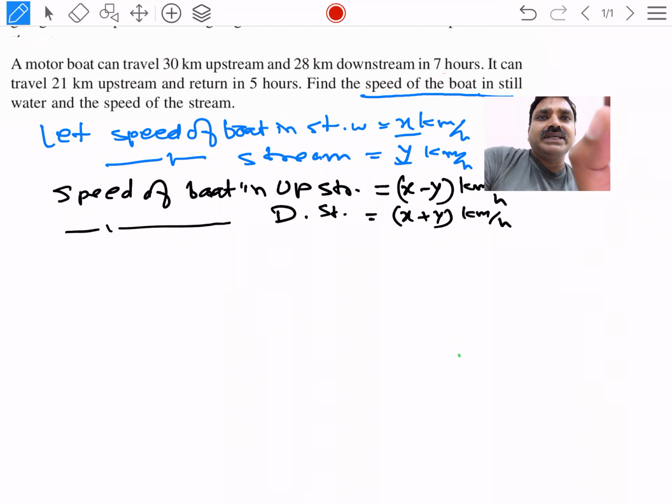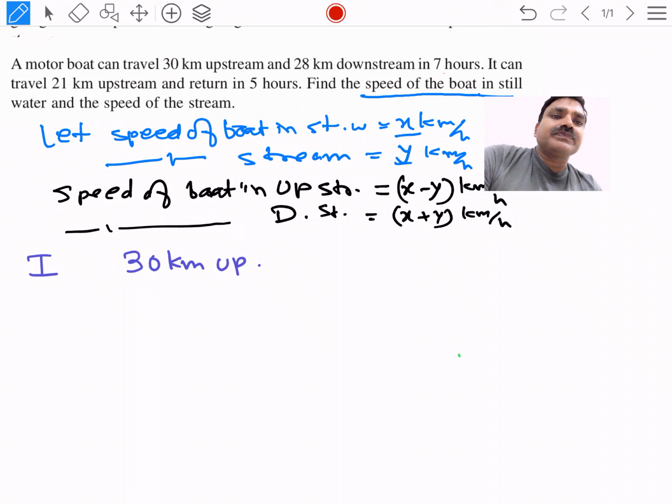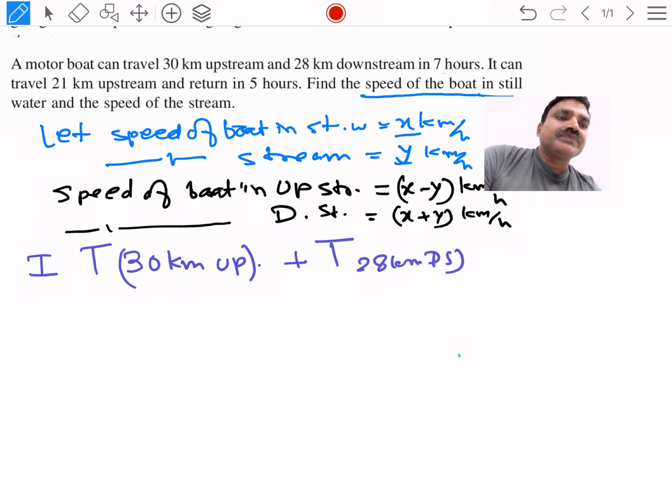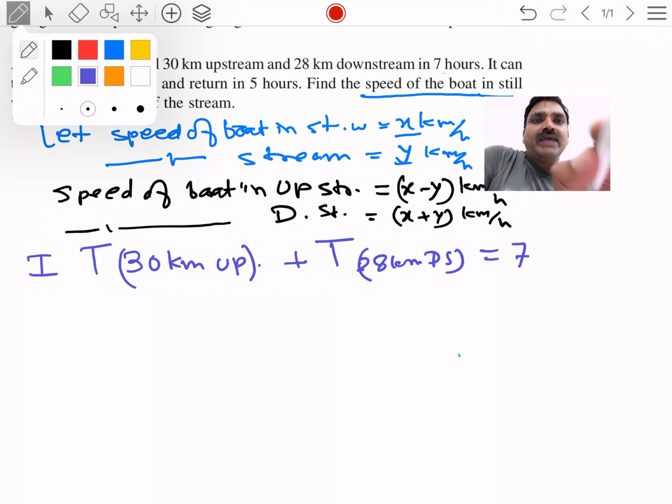Now if we see here, in the first case, the time for 30 kilometer upstream plus the time for 28 kilometer downstream is equal to 7 hours. And what is the formula for time, distance and speed?